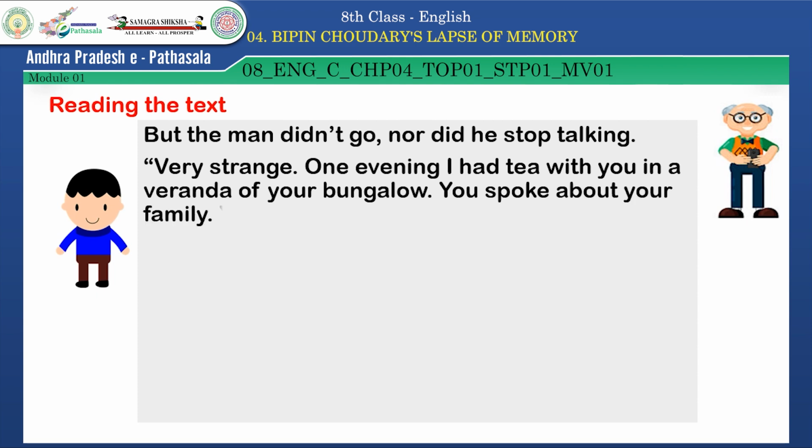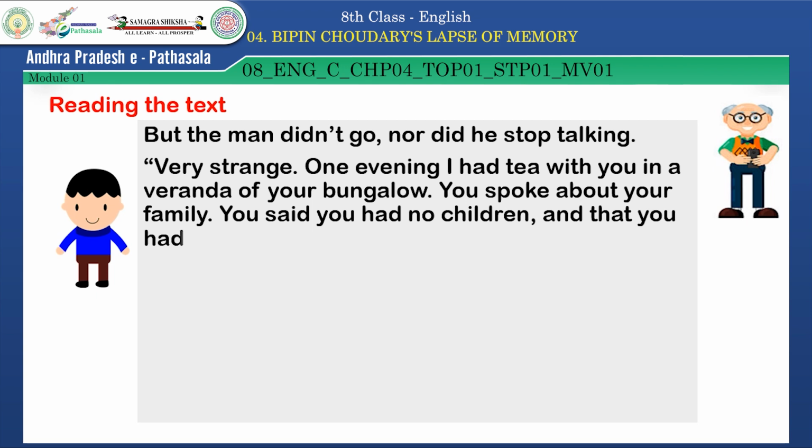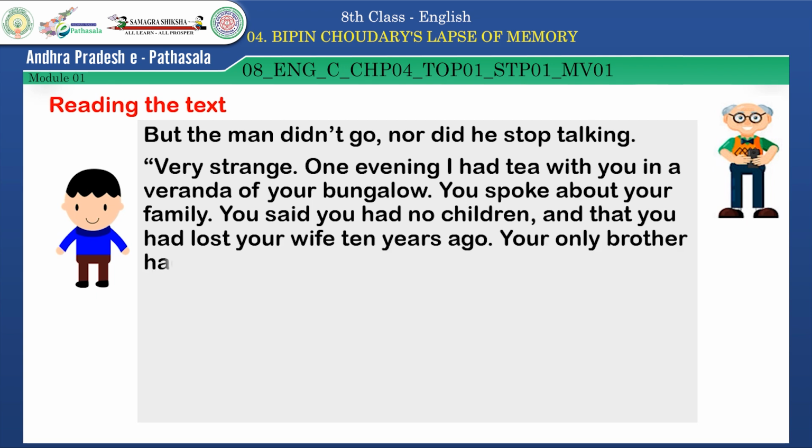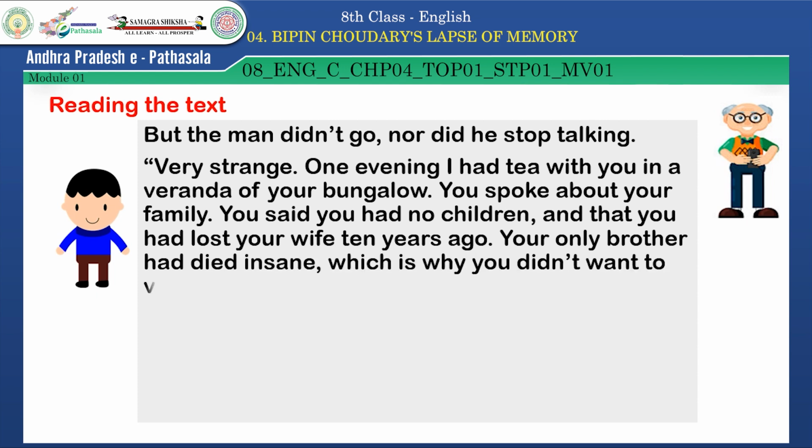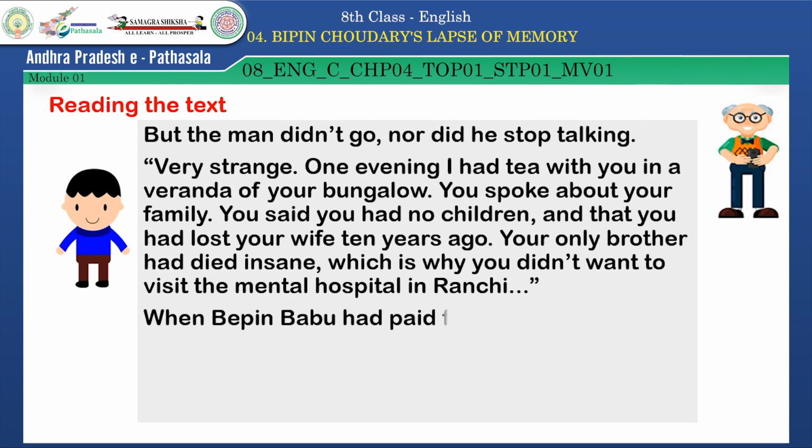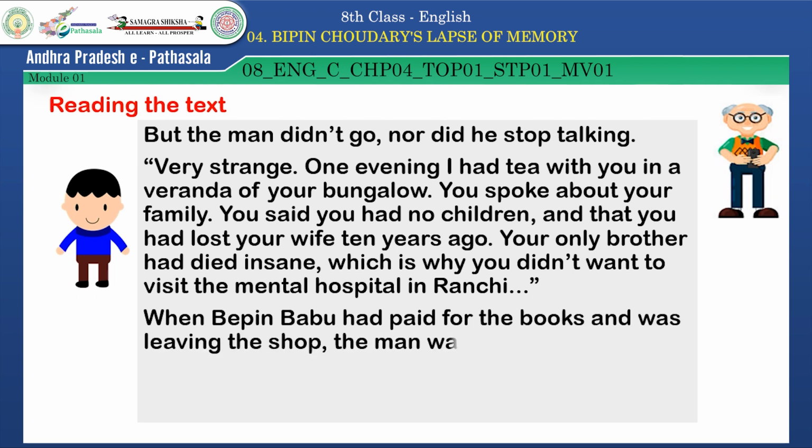You spoke about your family. You said you had no children and that you had lost your wife 10 years ago. Your only brother had died insane, which is why you didn't want to visit the mental hospital in Ranchi. When Bipin Babu had paid for the books and was leaving the shop, the man was still looking at him in utter disbelief.